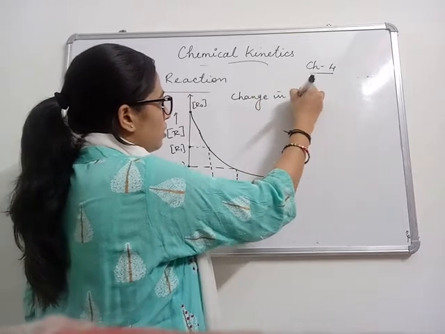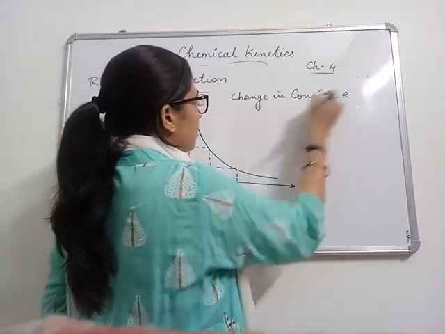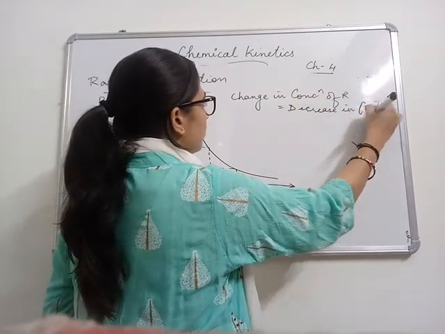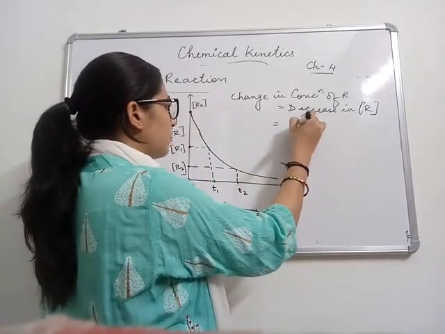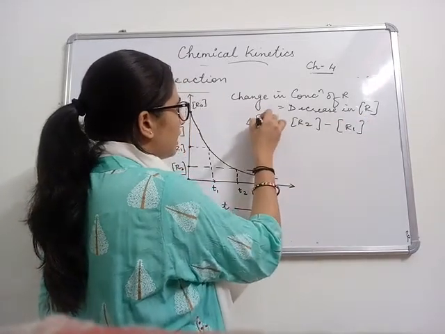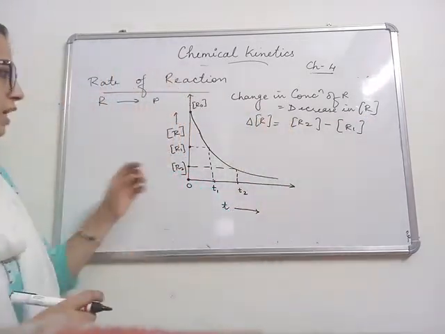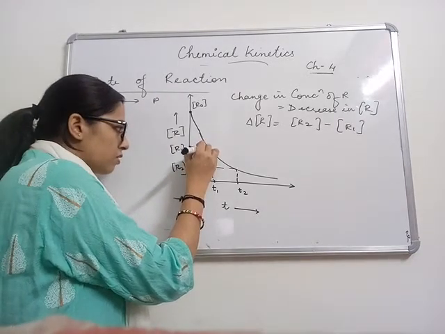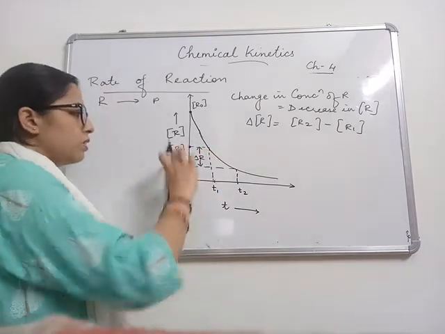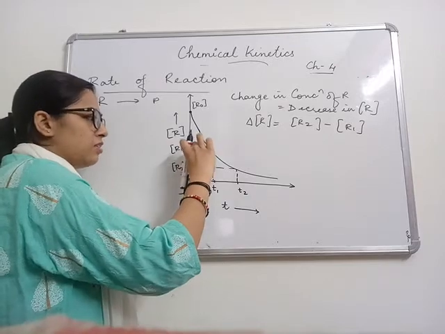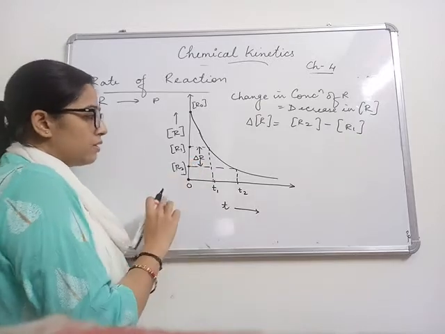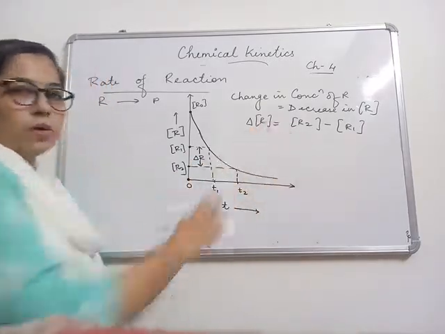Change in the concentration of R is basically the decrease in concentration of R, and it is the final concentration R2 minus initial, which is R1, and this is denoted by delta R. This is delta R, which is R2 minus R1, and R2 is less and R1 is big, so this value will be negative.